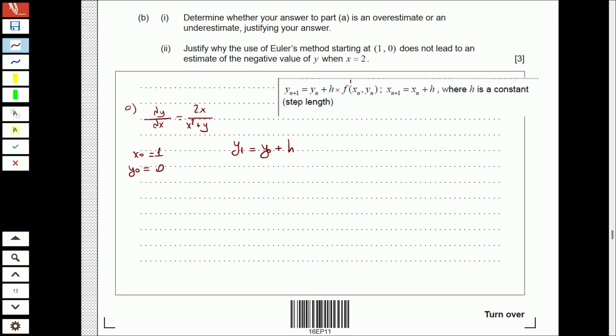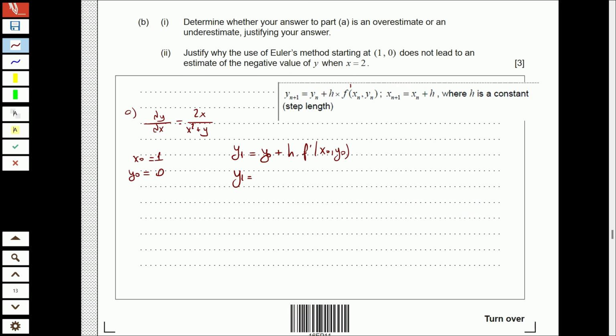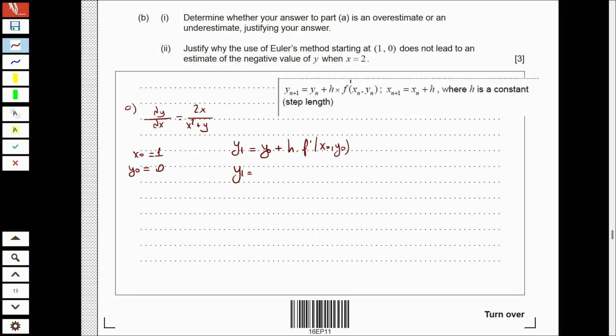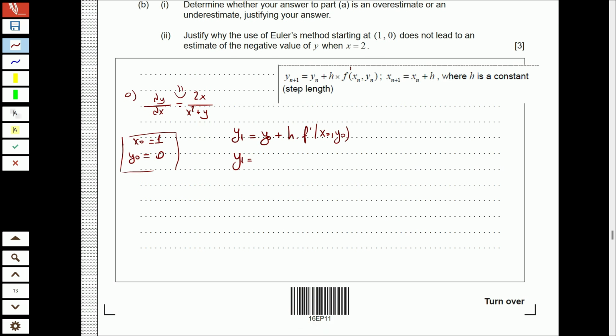I will just write the formula first. And from here for y1, how are we going to find the f prime at the initial point given in the question? I will just plug it into this equation.